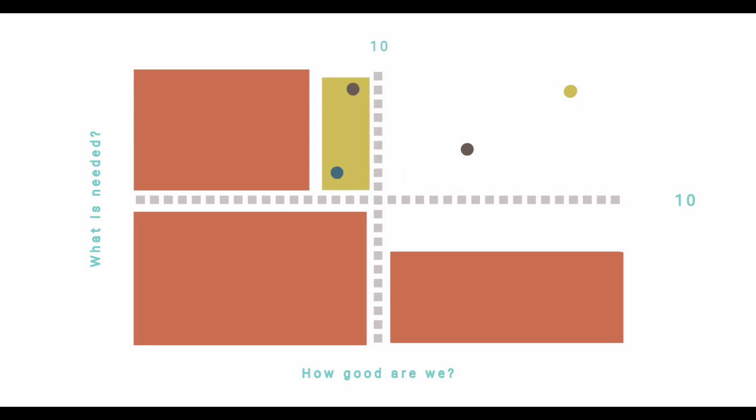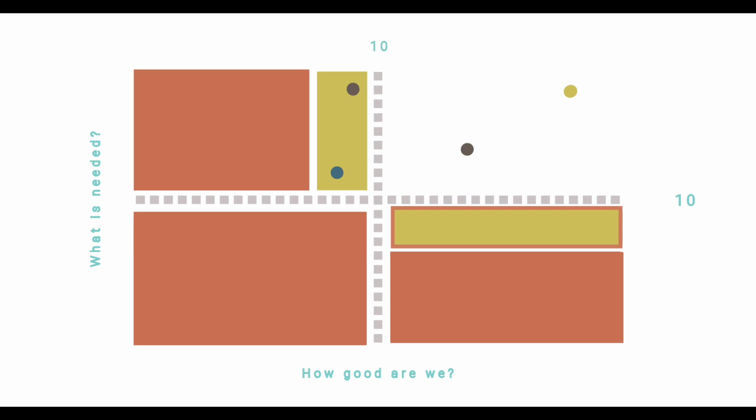Next, we're going to create 2 amber areas that represent a moderate risk. At the top, we have things that we aren't so good at but are needed, and on the right we have things that we are good at but aren't necessarily needed. We can choose to operate in this top area, which represents things that we aren't necessarily good at but are needed, with a view to improving how good we are at this thing, perhaps through training or staff education.